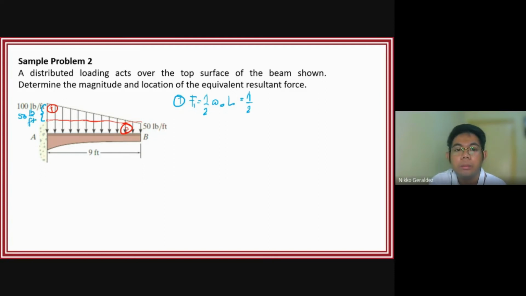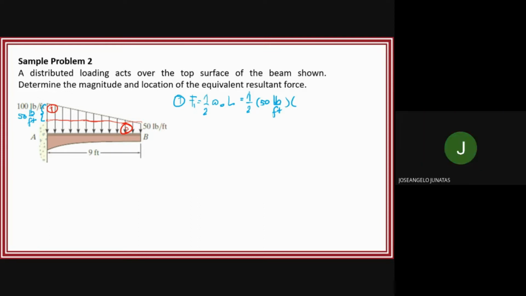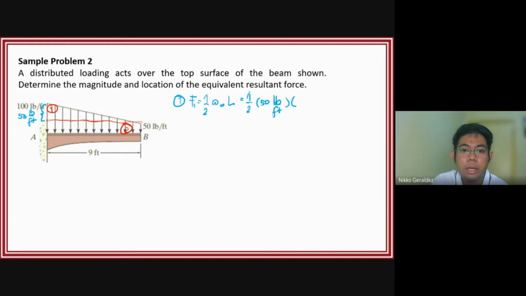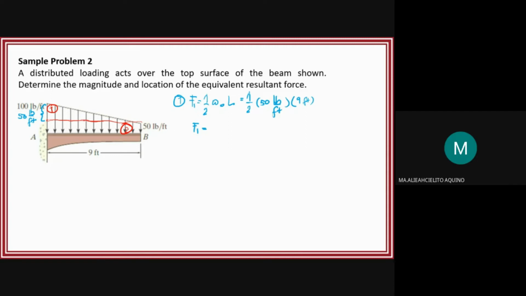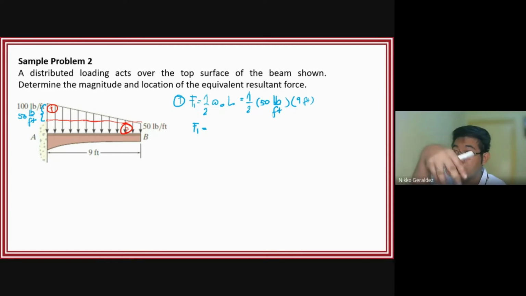So 50 pounds per foot times the length of the triangular load, 9 feet. So F1 is equal to 225, and it is downward, so negative 225 pounds. That is F1.